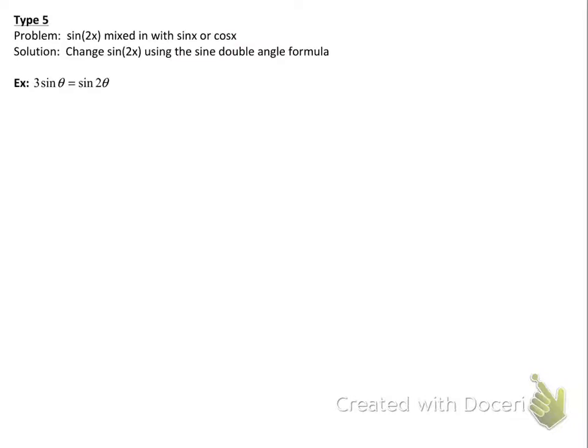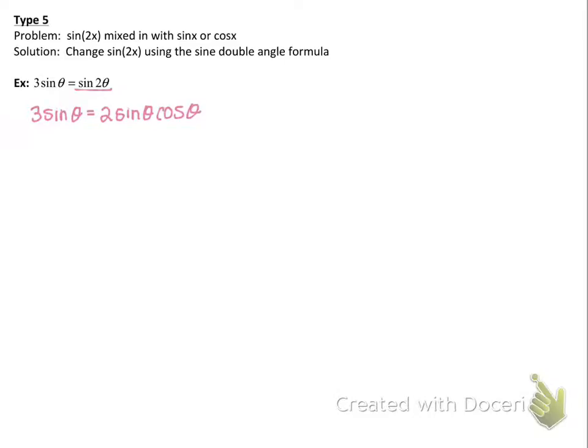All right, so if we are given a double angle, we're going to use the double angle formula and change sine of 2x, or whether it's cosine, whichever one. So in my example over here, I have a double angle with sine. So I'm going to say 3 sine theta is equal to the double angle, which is 2 sine theta cosine theta.